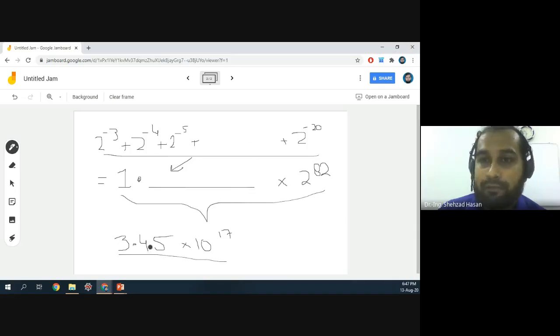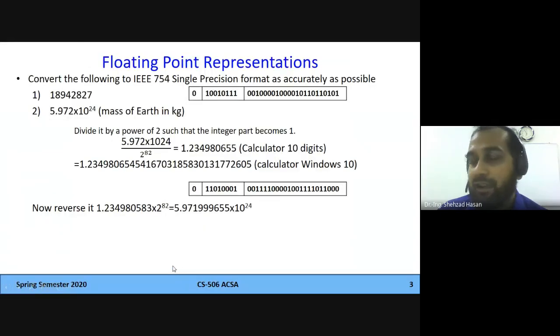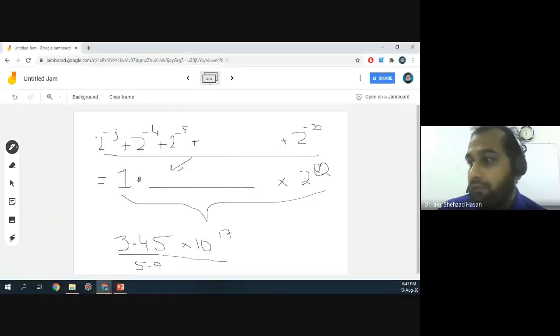And if you want to calculate the percentage difference, then you have to divide this by the main amount, which was 5.972 times 10 to the power 24. If you divide the difference with its primary number, then you are going to get some value.